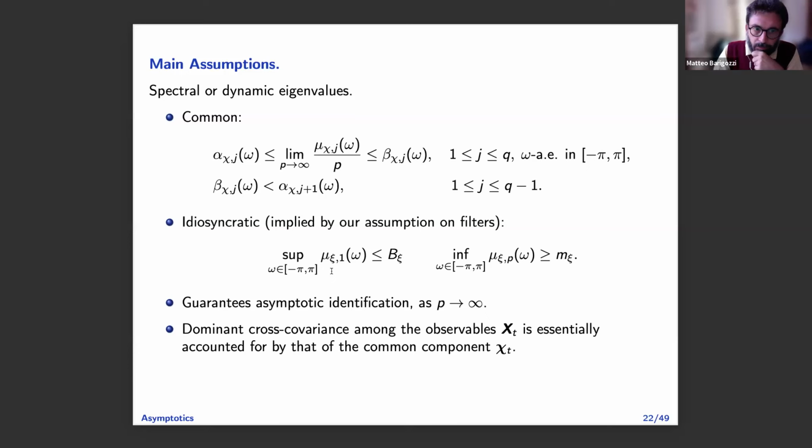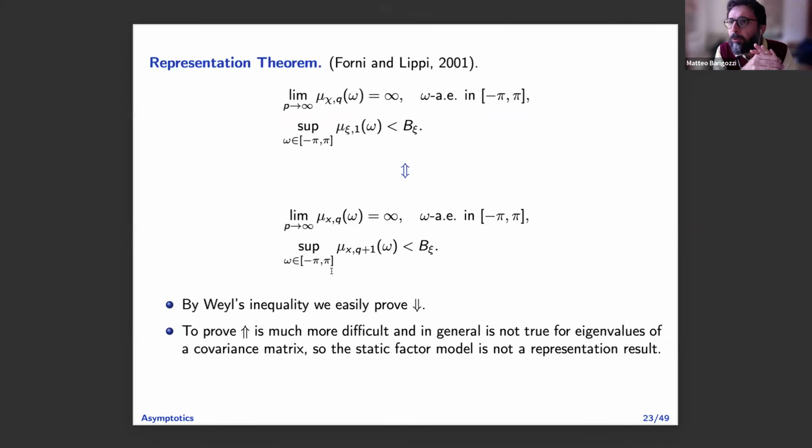So I wanted to spend one minute on an important result that tends to be forgotten when people speak about the generalized dynamic factor model, which is the representation theory by Forni and Lippi 2001. This is a very complicated paper on econometric theory, which shows the following.